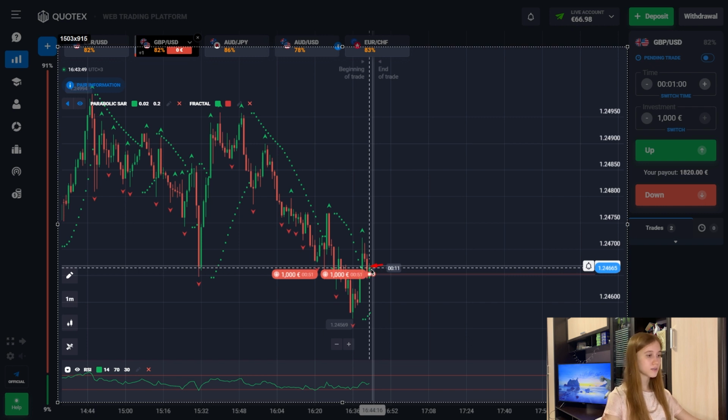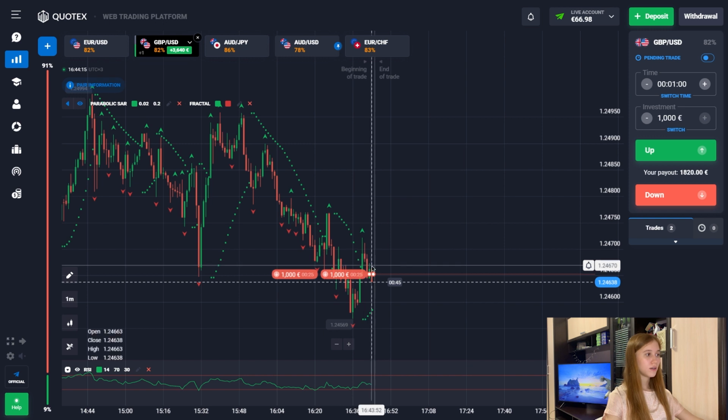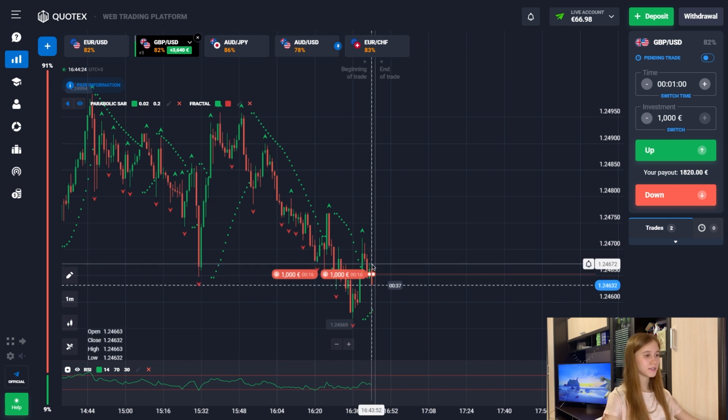And I think that we will continue to correct. The price is still in the resistance area, and we are 100% taking the deal in plus, but I would feel more confident if I had time to open in time.